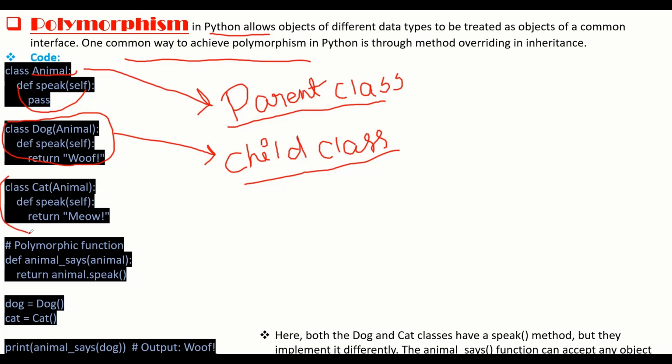But here it is another child class, and now the polymorphic function. So what is a polymorphic function? Here defining a function def animal_says, and here you can pass your parent class.